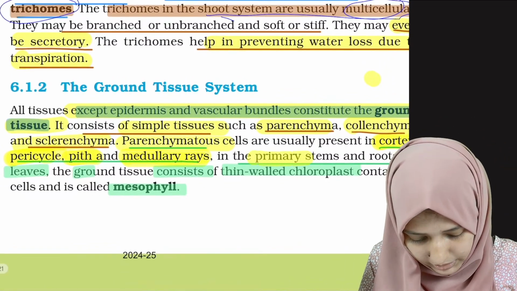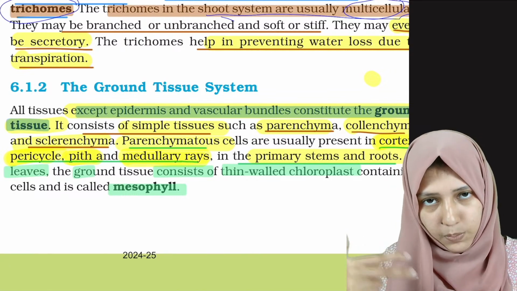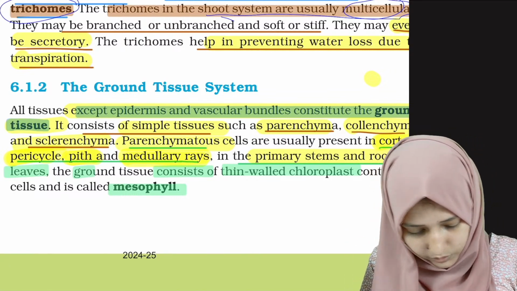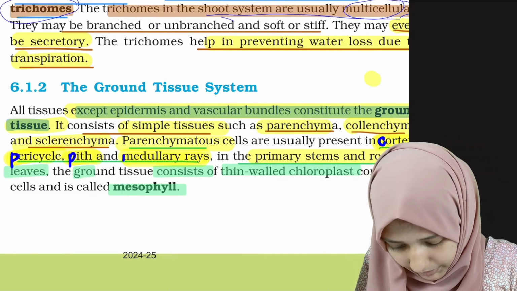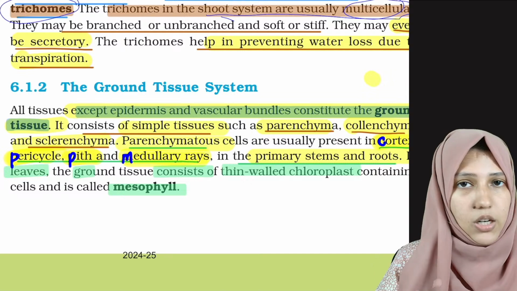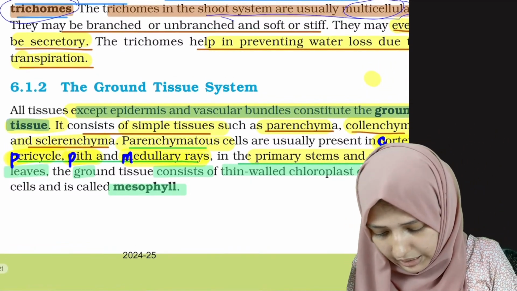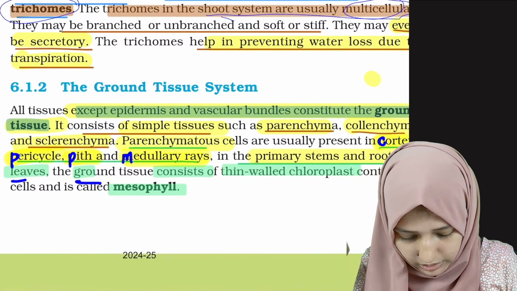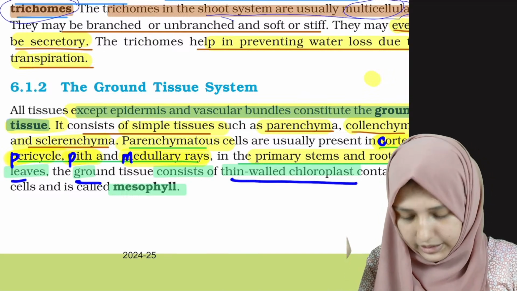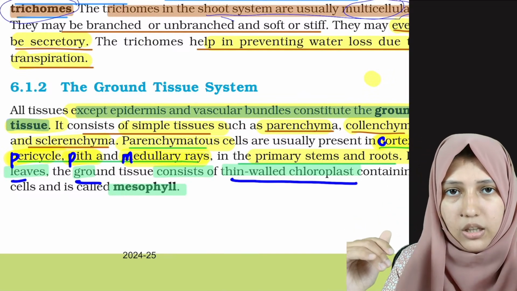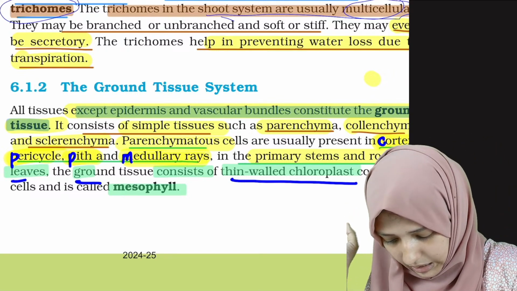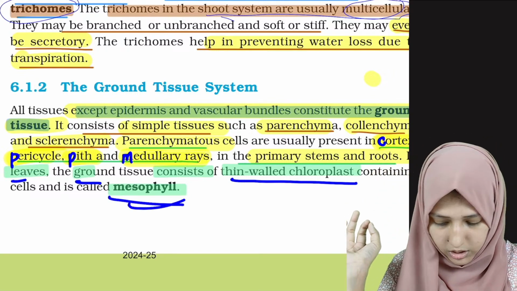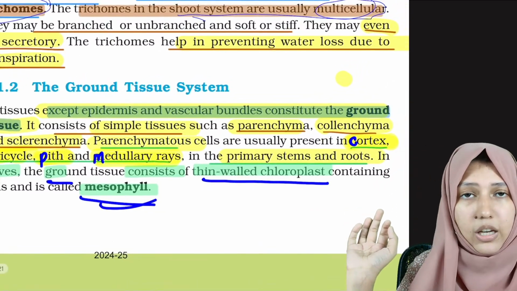And in the primary stems and roots, the parenchyma is present in all of these places. Where are they? Cortex, pericycle, pith, medullary rays, and the primary stems and roots. And in leaves, the ground tissue consists of thin-walled chloroplast-containing cells, and they are known as mesophyll.